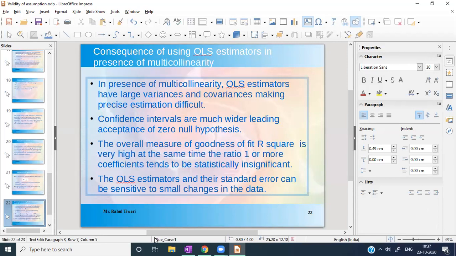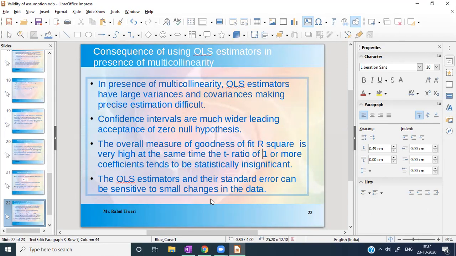At the same time, the t ratio of one or more coefficients tends to be statistically insignificant.